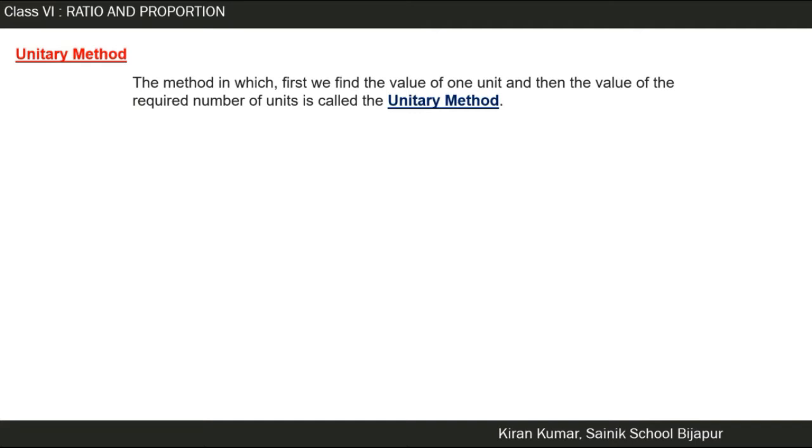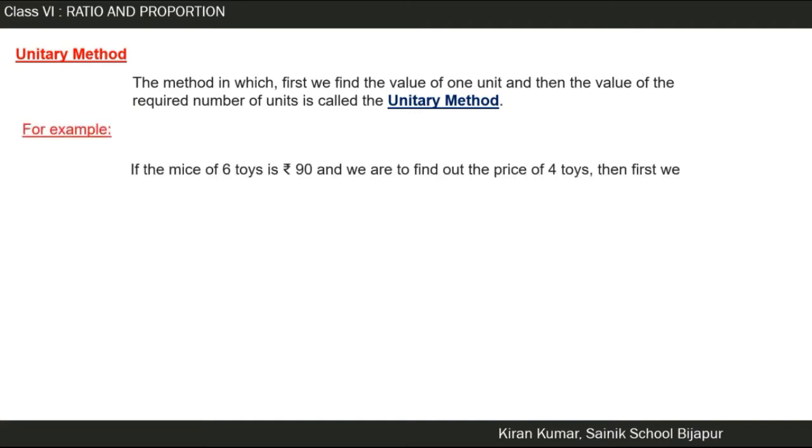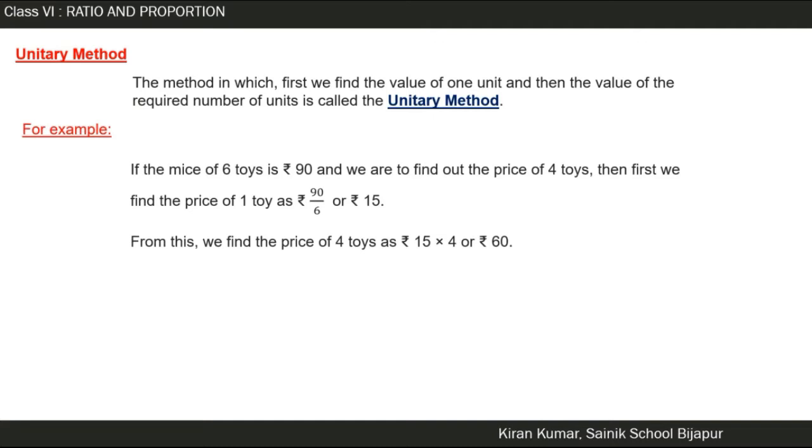For example, if the price of 6 toys is rupees 90 and we are to find the price of 4 toys, then first we will find it for one particular toy. It becomes 90 upon 6, which is rupees 15. Now this rupees 15 is multiplied by 4 to get the total amount for 4 toys.